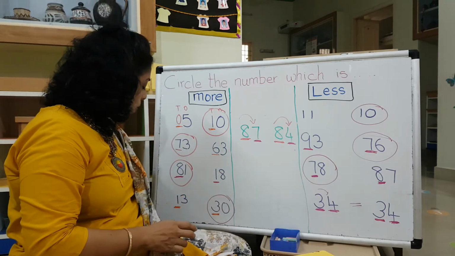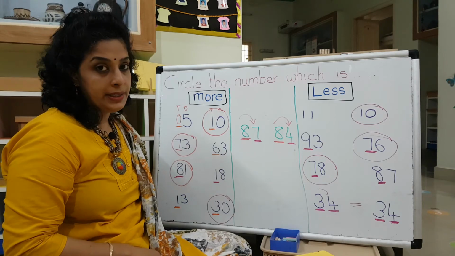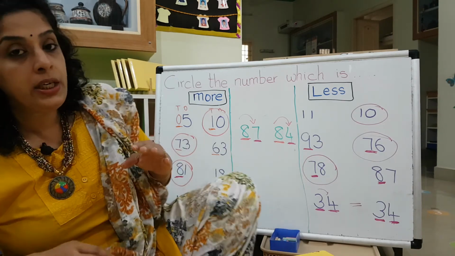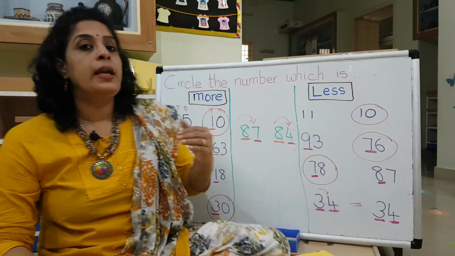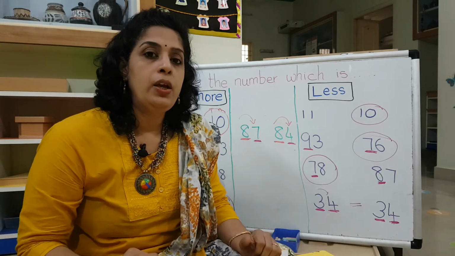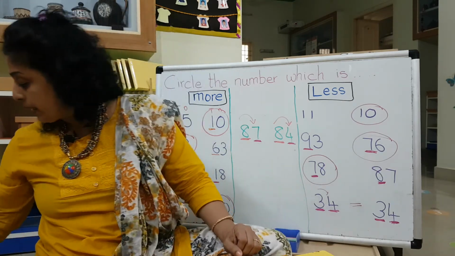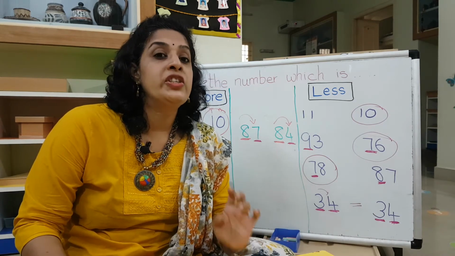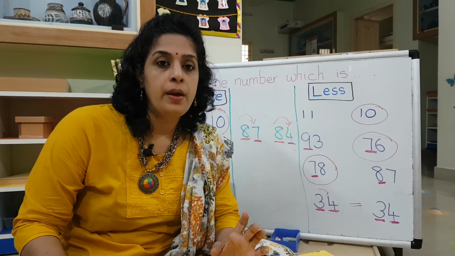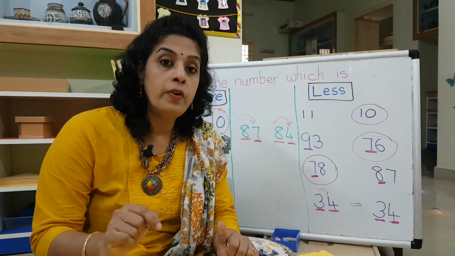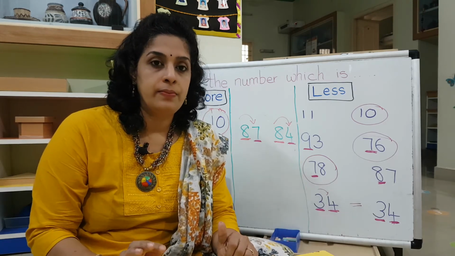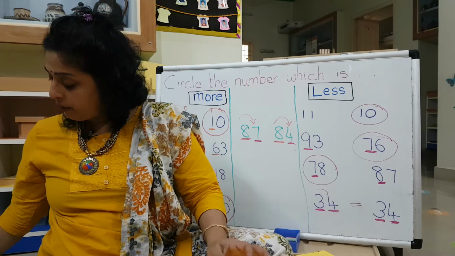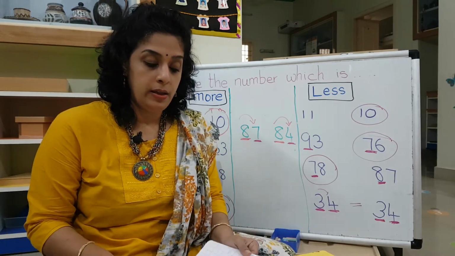So you have to decide what you are doing, whether you are going to do more or less. So in your homework book, I have given this activity. Because I am teaching this to you today, நீங்க என்ன பண்றீங்கன்னா, today you will find out which is less. சரியா? Today you do in your homework book, you do less.